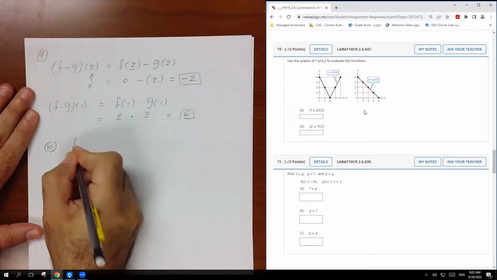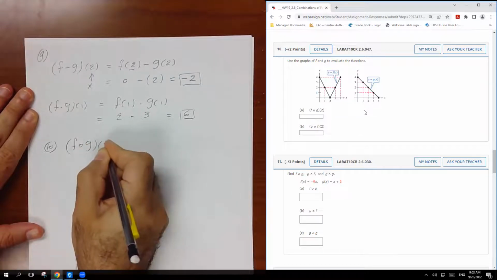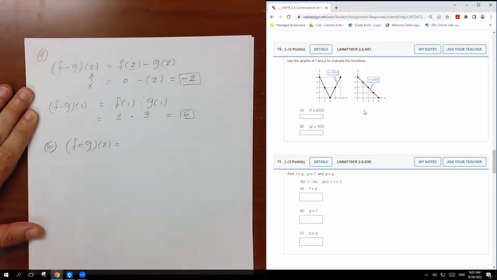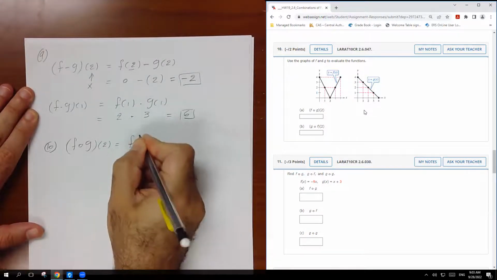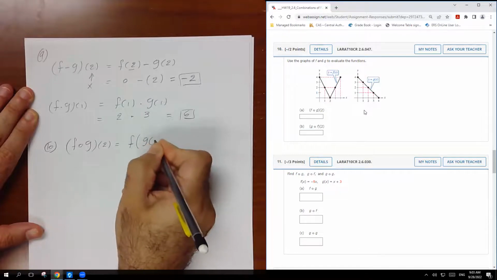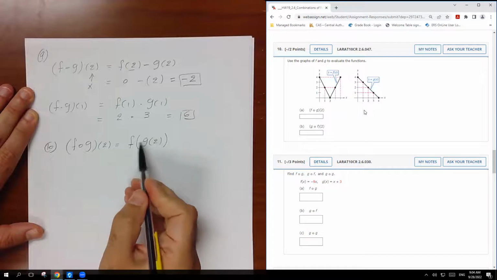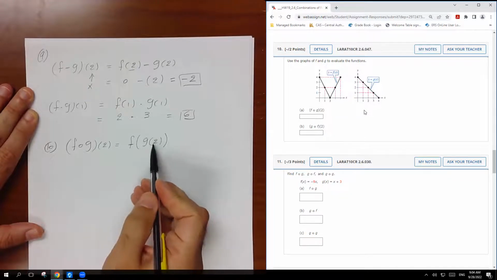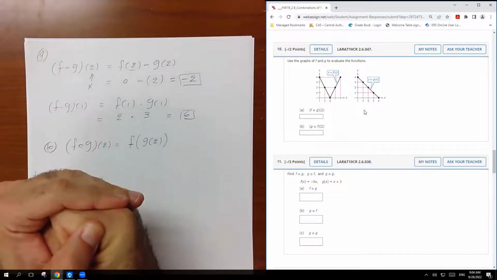It's going to be f is out, g of 2 is inside. That means f is going to cover g.